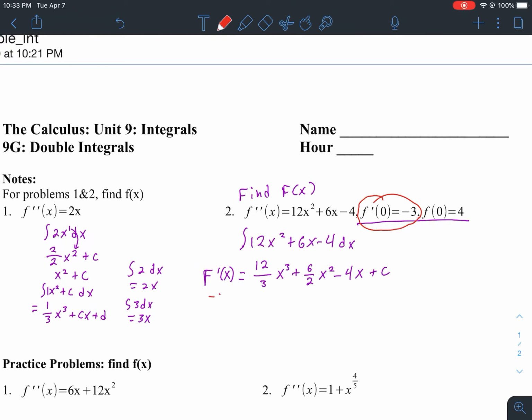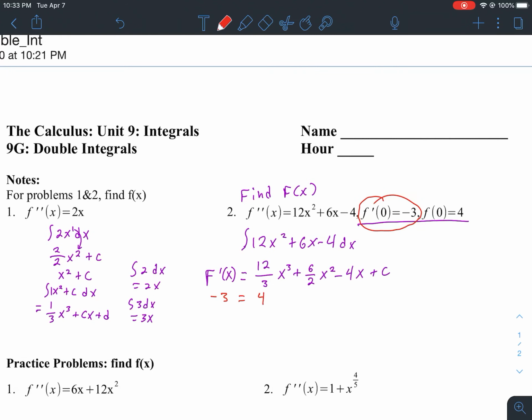By the way, 12 over 3 is 4. 6 over 2 is 3. 4 times 0. So if I put in 0, I get negative 3.